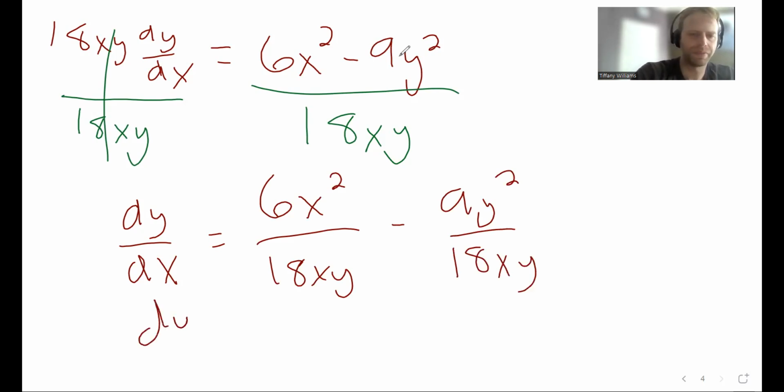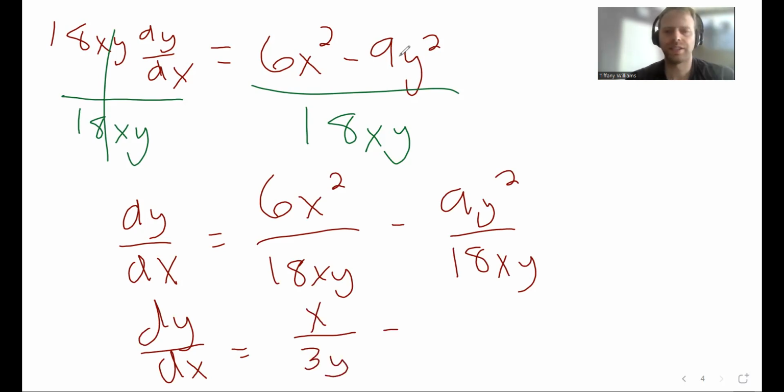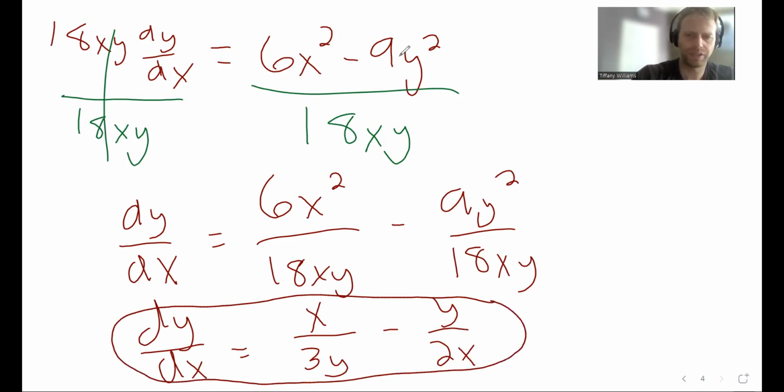And then if you just simplify each fraction, I believe this comes out to x over 3y, this first one. And then the second fraction will come out to y over 2x. And that is as far as you need to go there. That is your derivative. Again, it can have y in it. Remember, y is a function of x, okay?